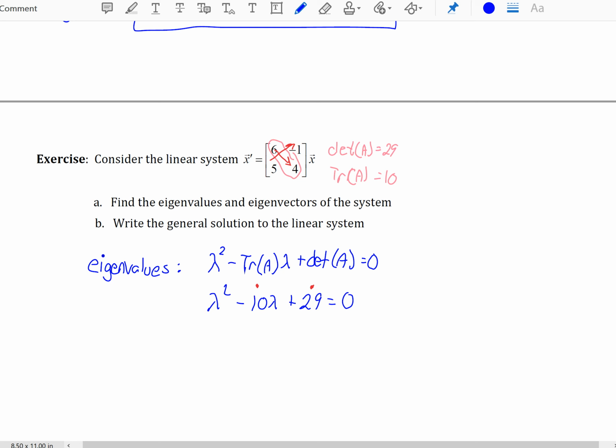So here our eigenvalue lambda is equal to the opposite of your b term, so 10, plus or minus the square root of b squared, so 100, minus 4 times the product of a and c, so 29, all divided by 2 times a, or just 2.